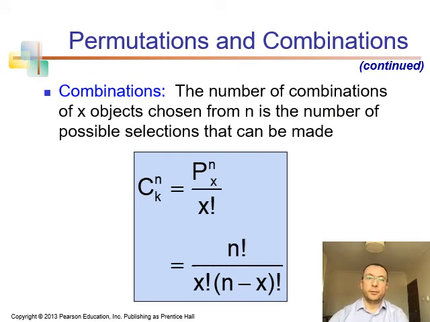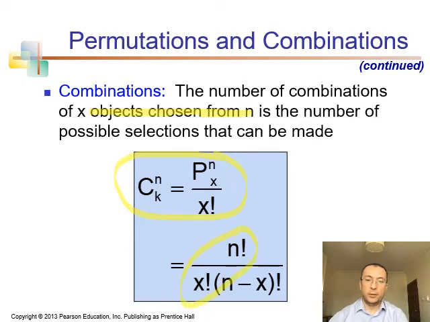So in combinations, we are choosing x objects from n. So basically there's a relationship between combination and permutation. Once you find the permutation of x objects from n, and if you take that permutation and divide by x factorial, that will give you the number of combinations. So for example, let's do the permutation here.